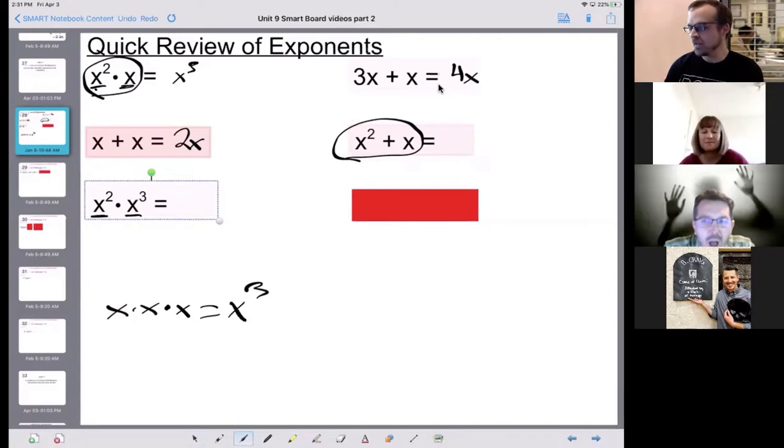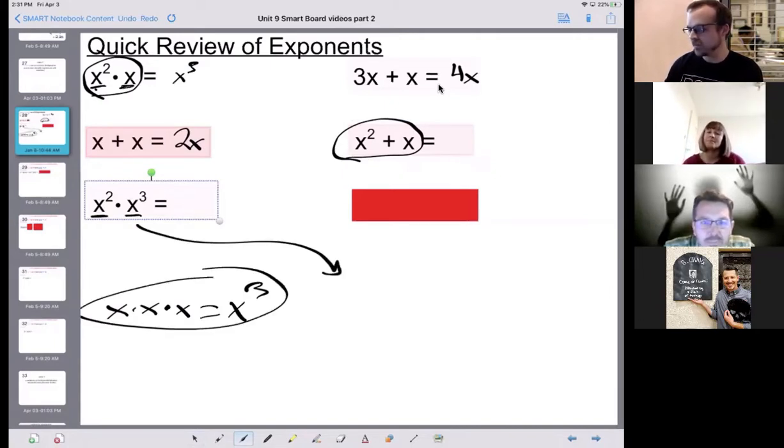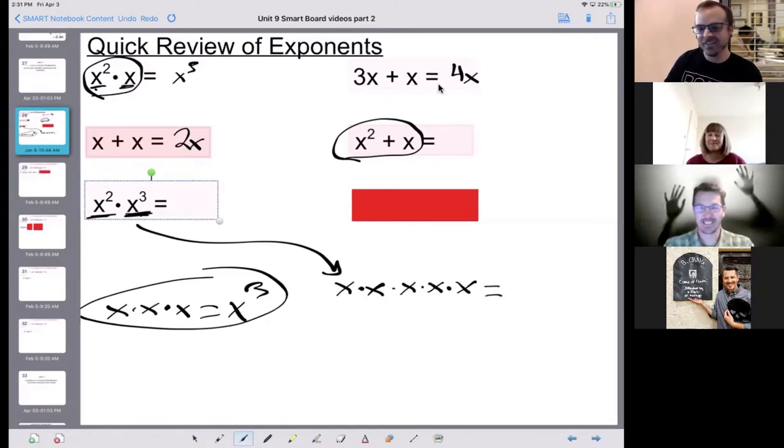And just like we looked at before, x squared can be written as x times x, and the next one is x times x times x. So together they're x times x times x times x times x. How many x's is that? That's 5 of them. So x to the power of 5 is how we can rewrite this one.